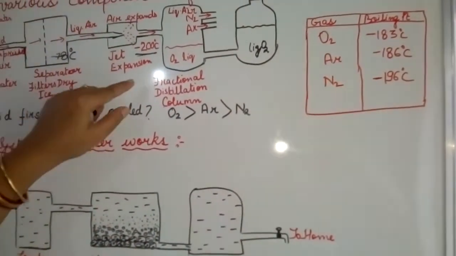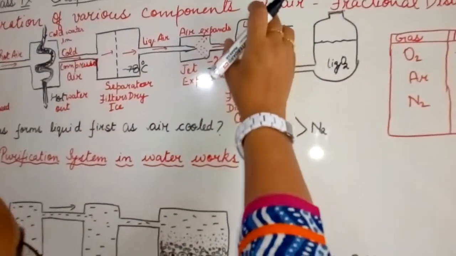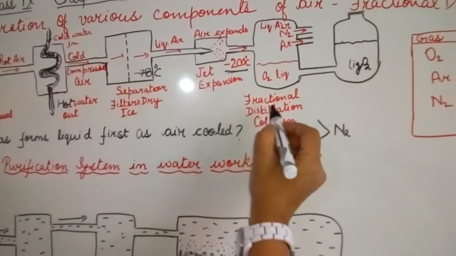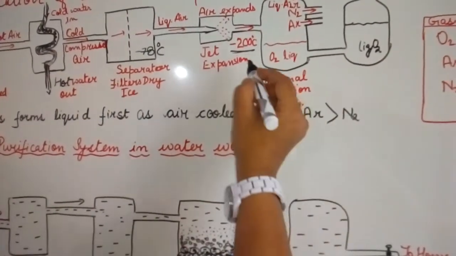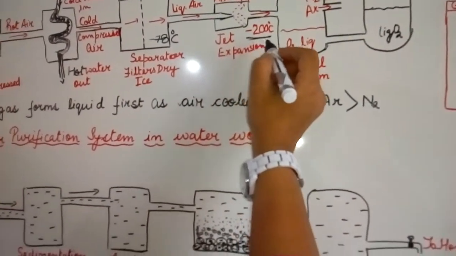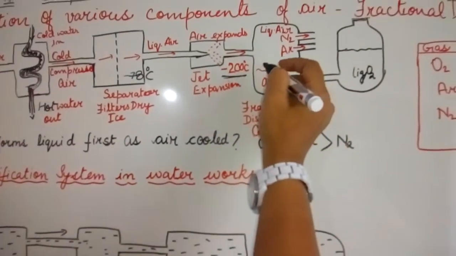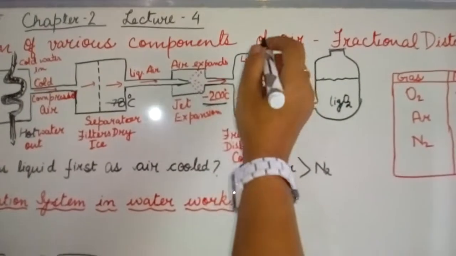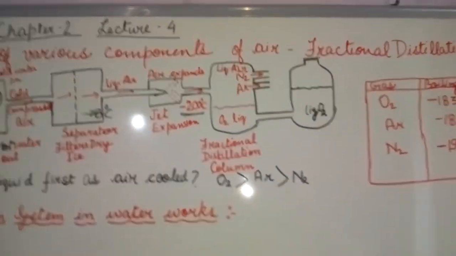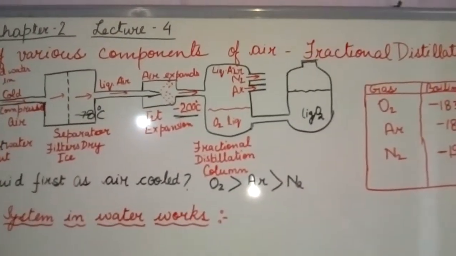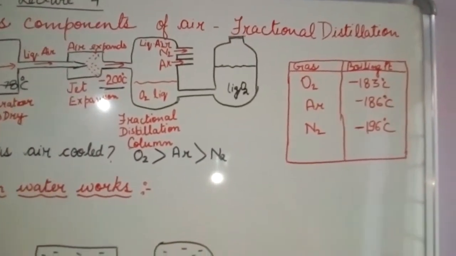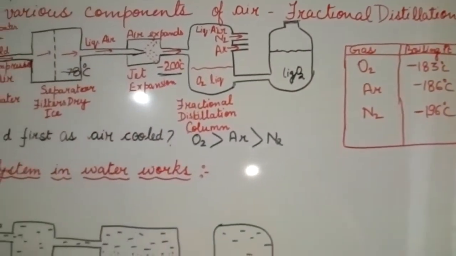Remember carefully that the moment the mixture of gases reaches the fractional distillation column, the temperature is minus 200 degrees Celsius, and when we start heating it, it will go to minus 198, minus 196 and so on. As a result, the various components start boiling in the increasing order of their boiling points, and we can separate them.